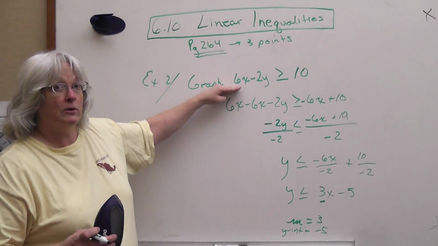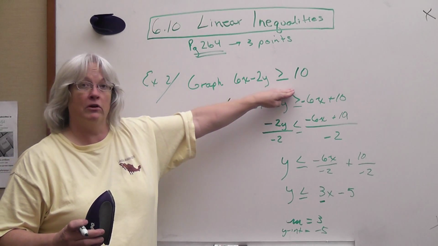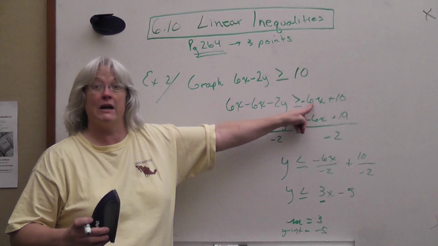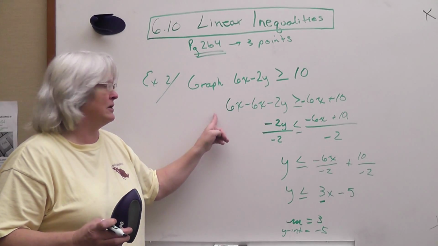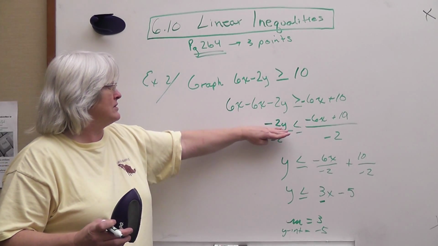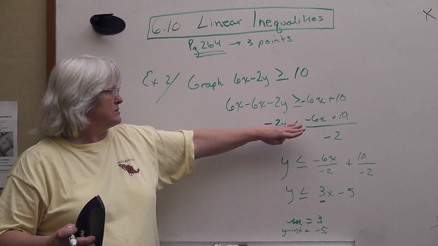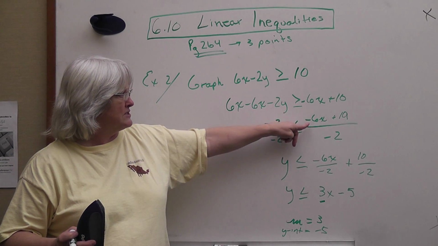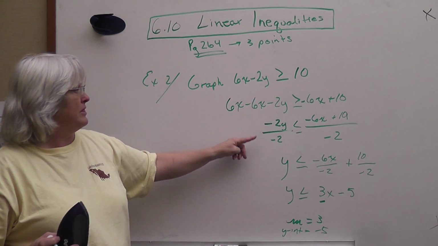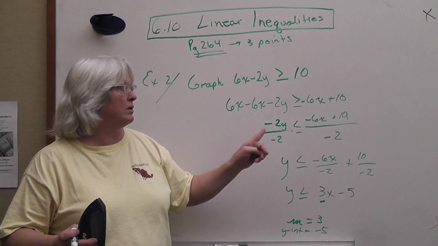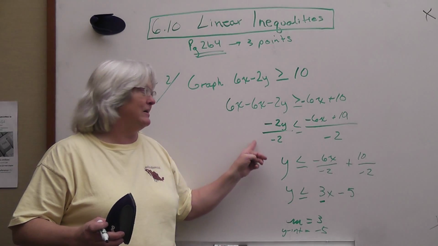We had our original inequality, 6x minus 2y greater than or equal to 10. We subtracted 6x from both sides of the inequality, which gave us negative 2y is greater than or equal to negative 6x plus 10. Then we divided both sides of the inequality by a negative 2.